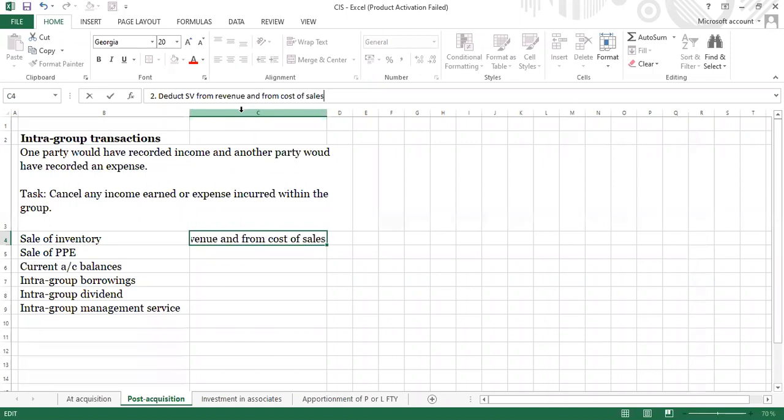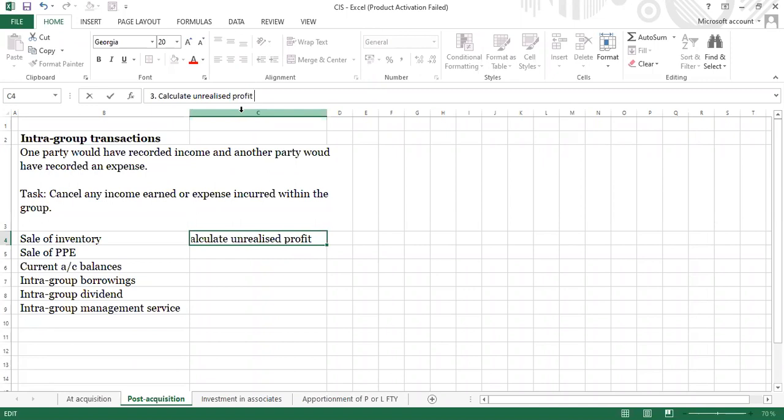Pretty simple. The next thing you will do is to calculate what they refer to as unrealized profit. When there is a sale between the parent and the subsidiary, one of the parties may have earned a profit within the group. So you calculate that profit that is within the group. It's called an unrealized profit.